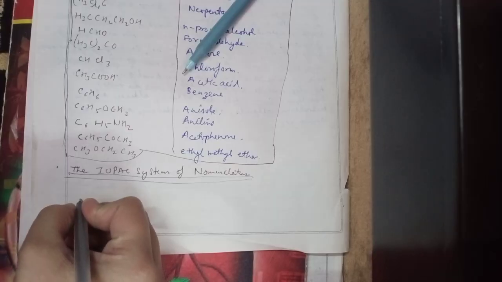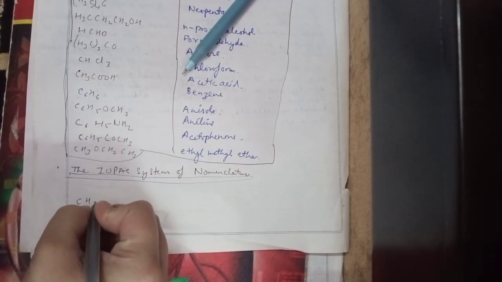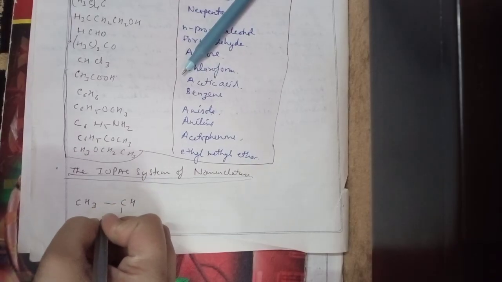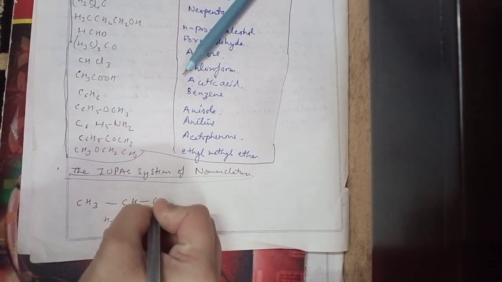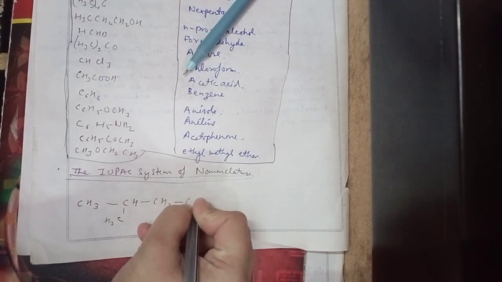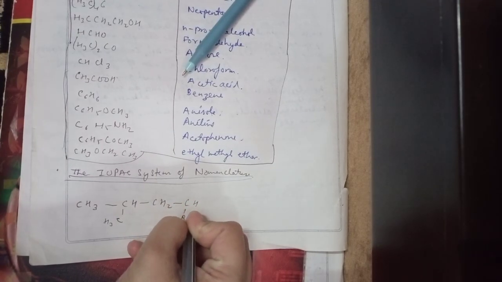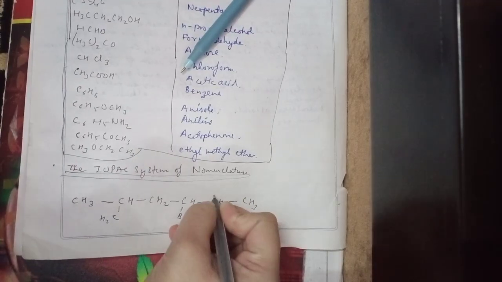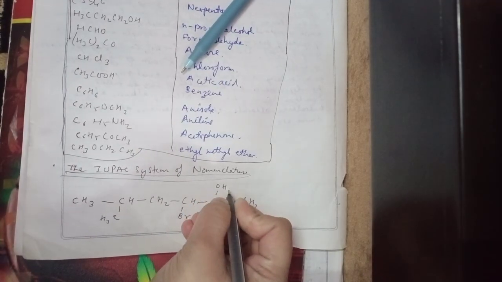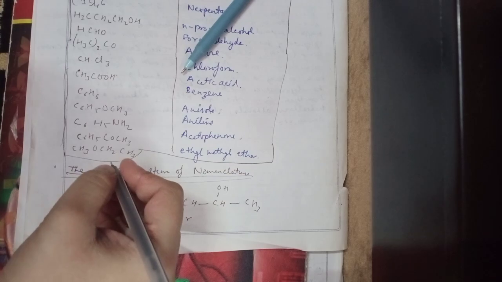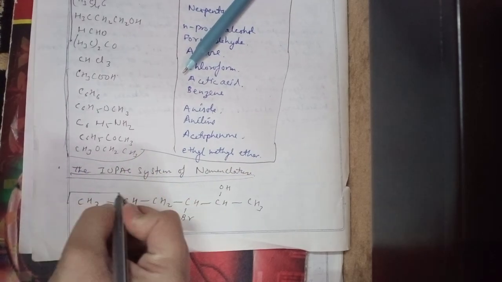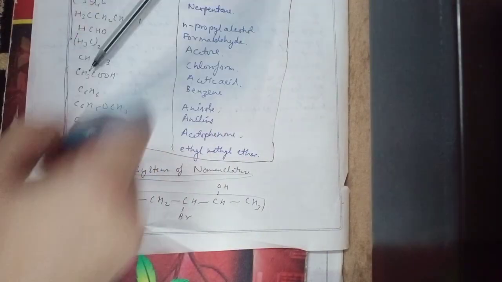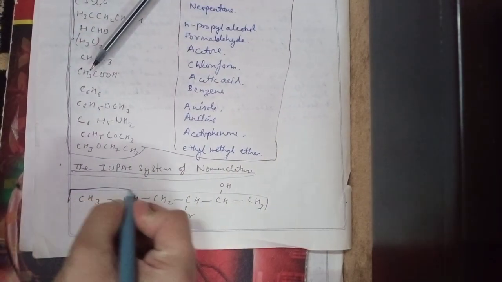We will be taking CH3 bonded with CH, bonded with CH3, bonded with CH2, bonded with CHBr, then again bonded with CH, CH3, and then CH bonded with OH. I do this with a different pen so it will be visible to you.